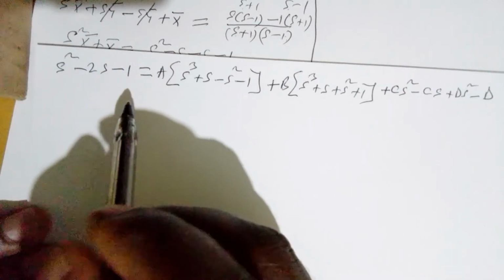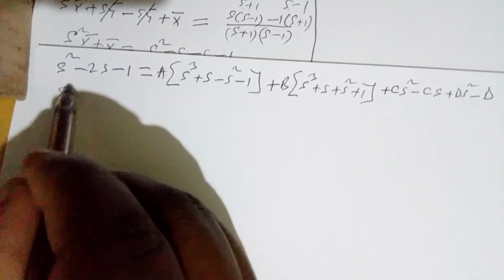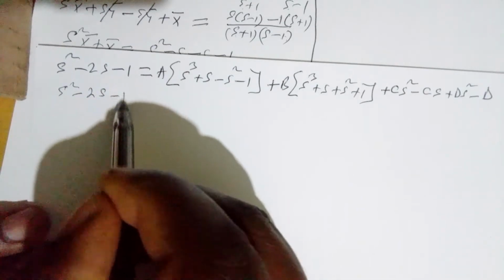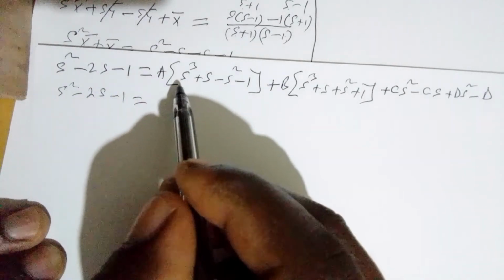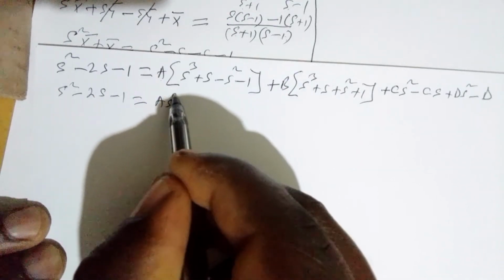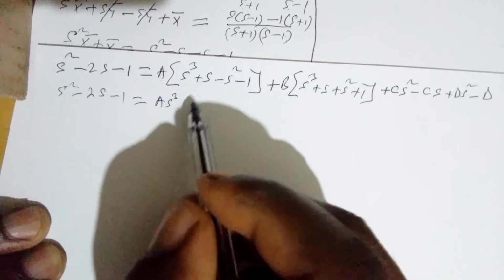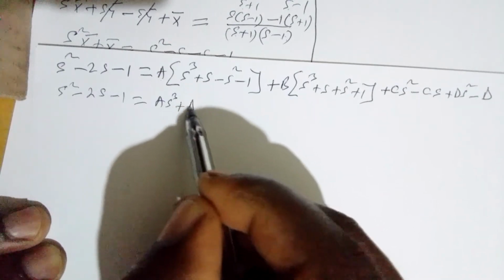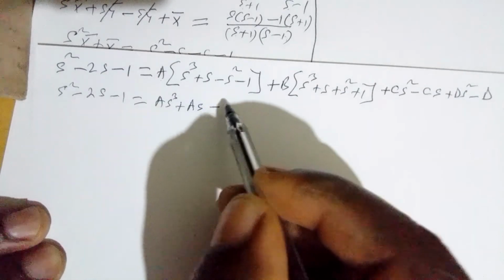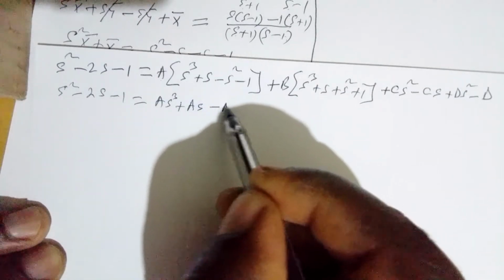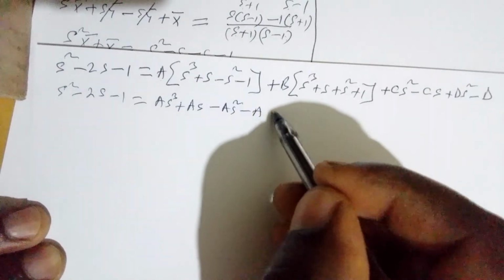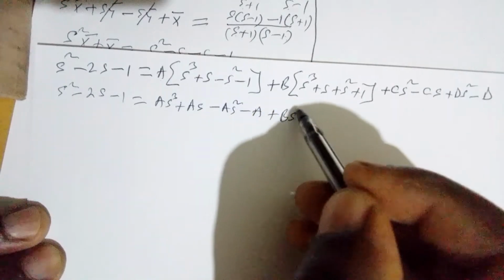So we can open up the bracket here. So we have s squared minus 2s minus 1 equals to. Now here we have A times s cubed, we have As cubed. Then here we have plus As. Then we have minus As squared minus A. Then plus Bs cubed.